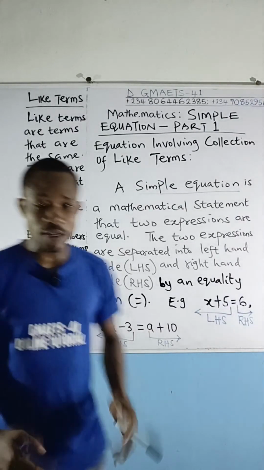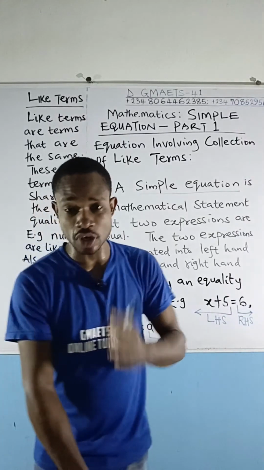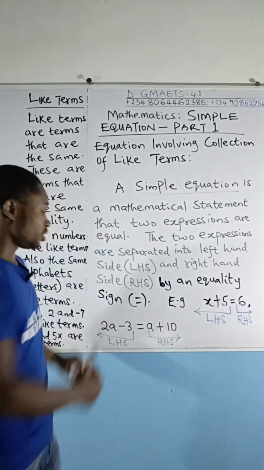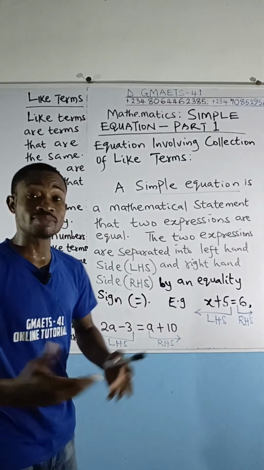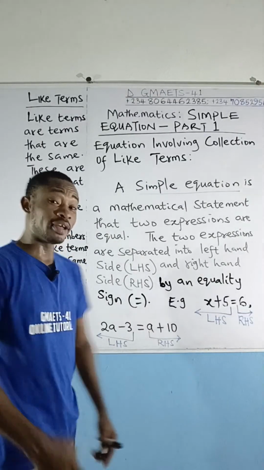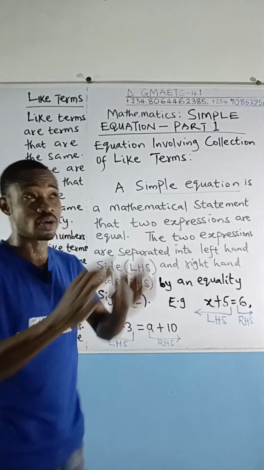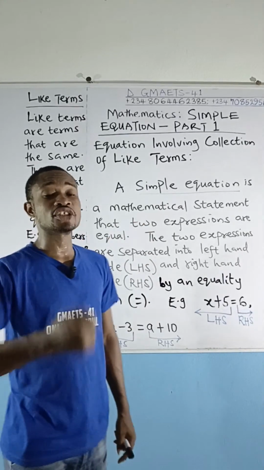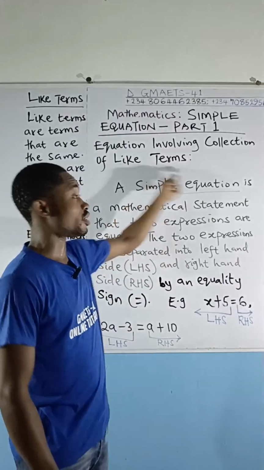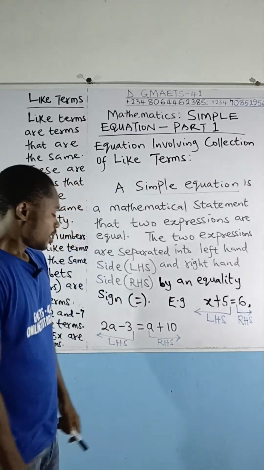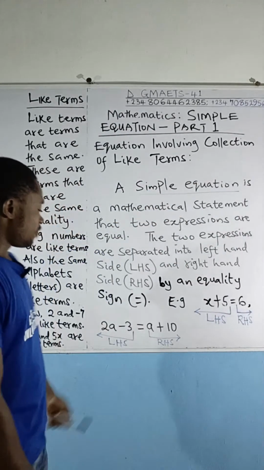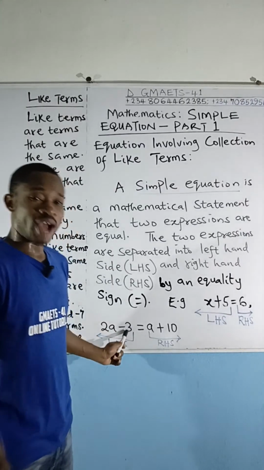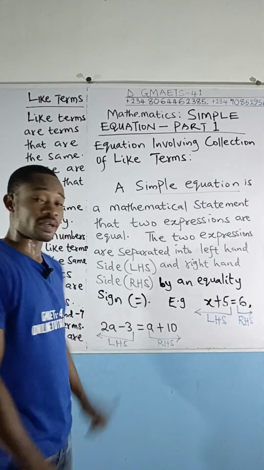It is important that you take note of this, because when you are solving a simple equation, depending on what you are asked to do, you can do what we call collection of like terms, which we are going to treat. If I am talking of this 3, I must respect that it is minus 3.